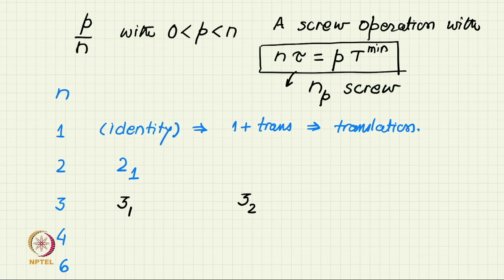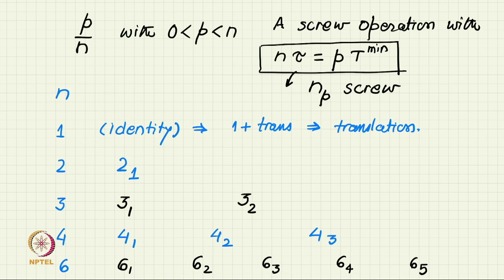In case of 4, we have 3 values, 4 1, 4 2 and 4 3. And for 6, I will have 5 different screw axes, 6 1, 6 2, 6 3, 6 4 and 6 5.